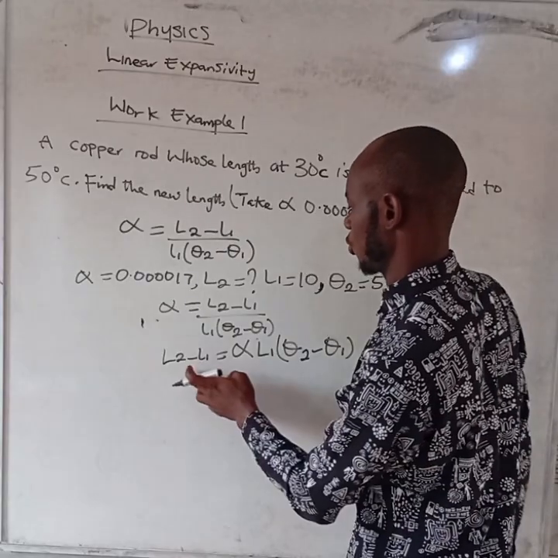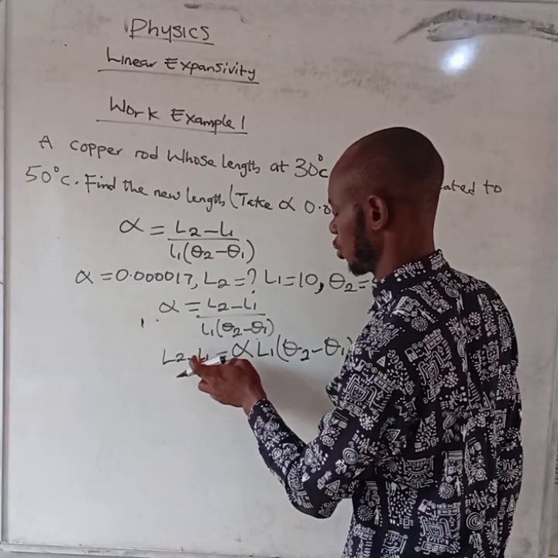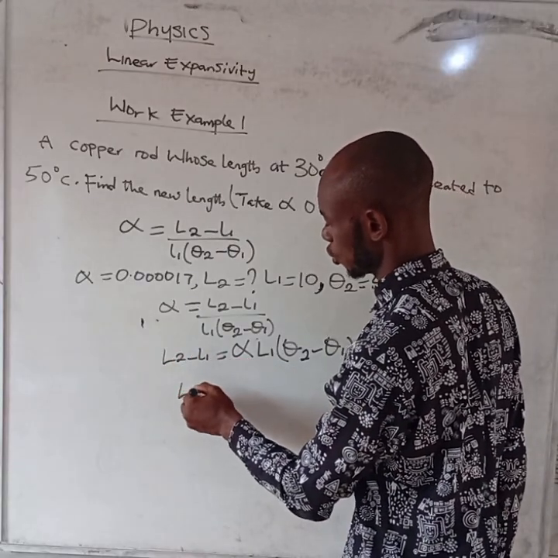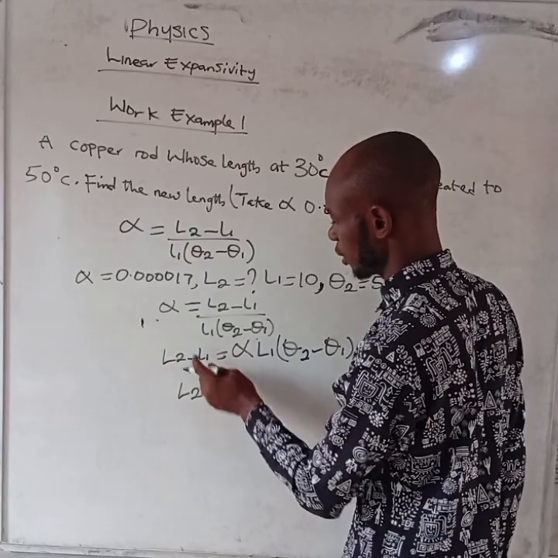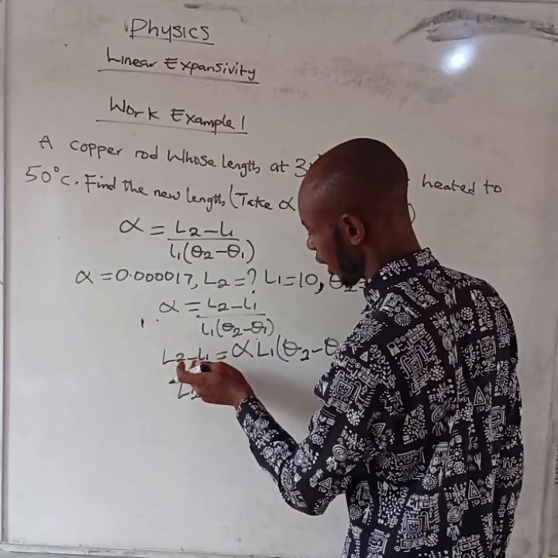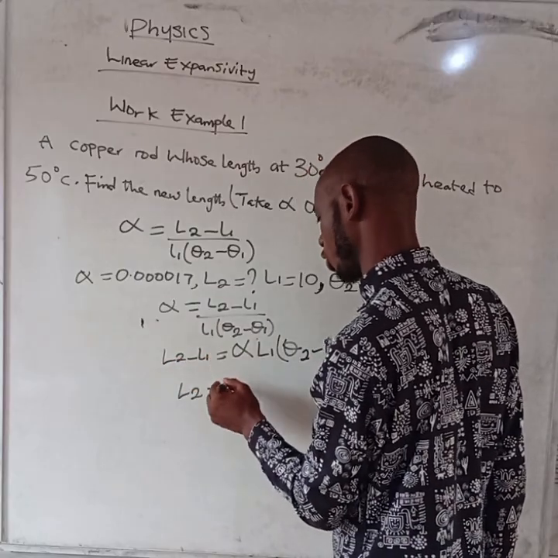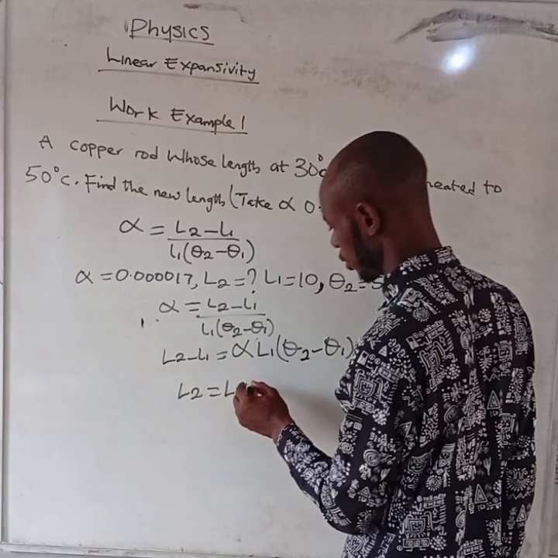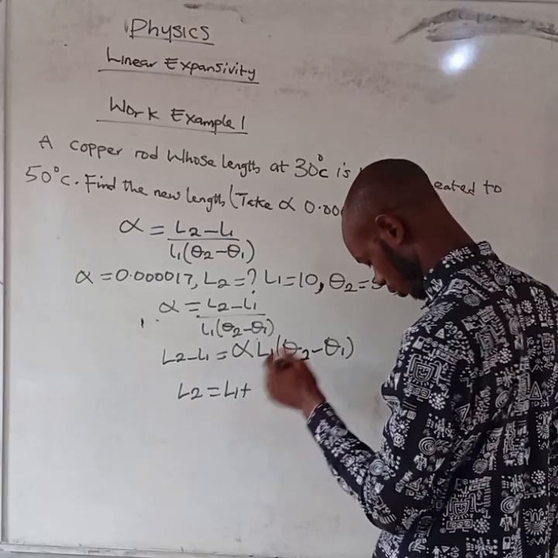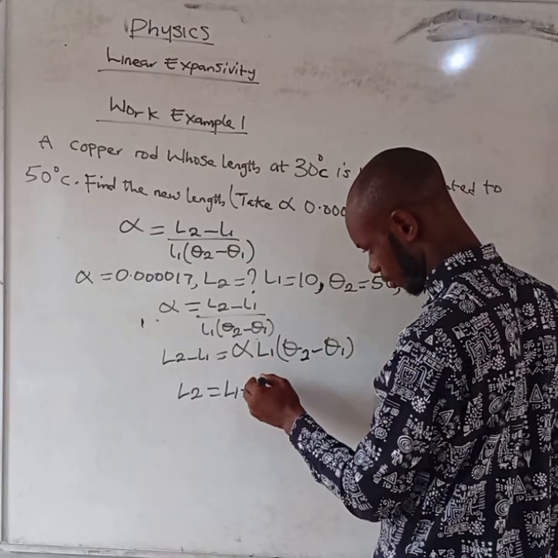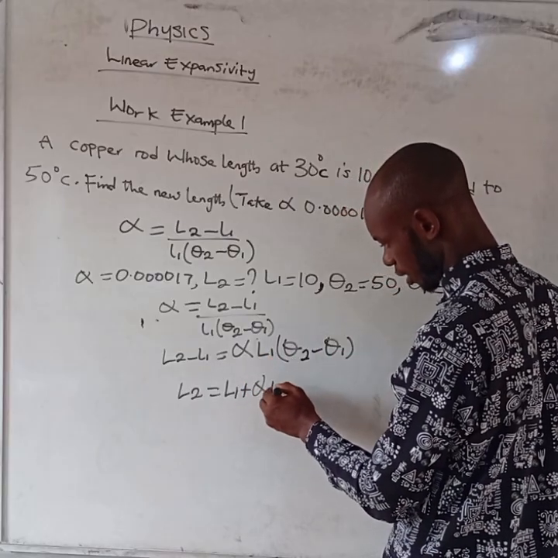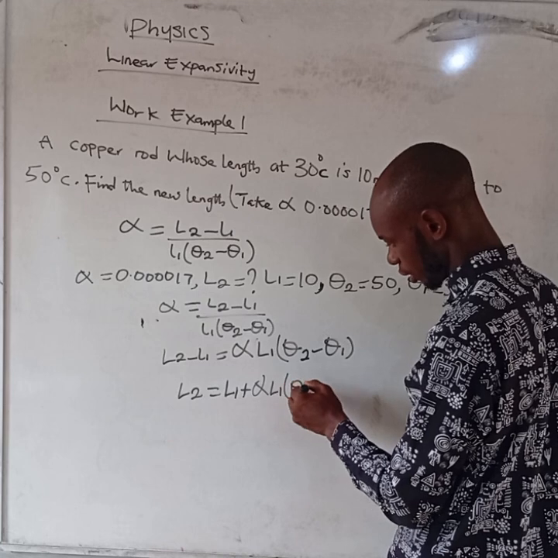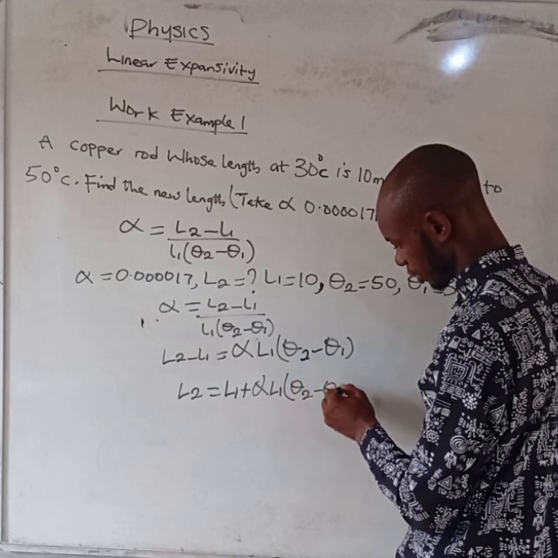Now, to make L2 the subject, minus L1 crosses the equal sign and becomes plus L1. So we have L2 equals L1 plus alpha L1 into theta 2 minus theta 1.